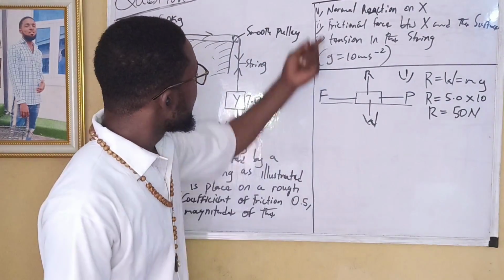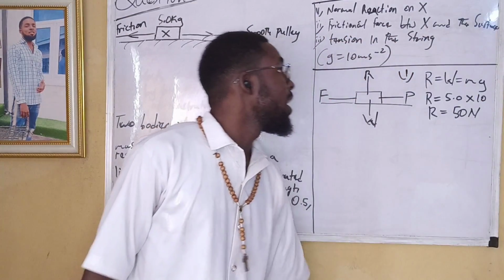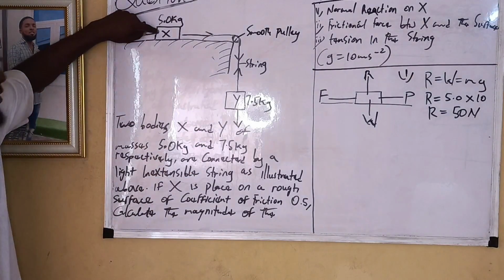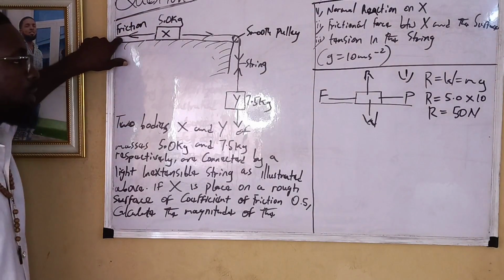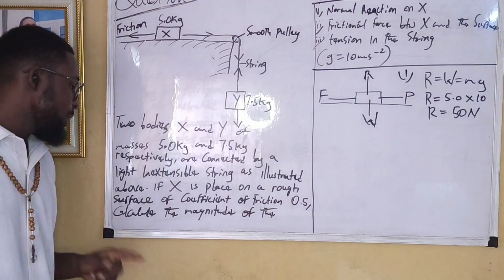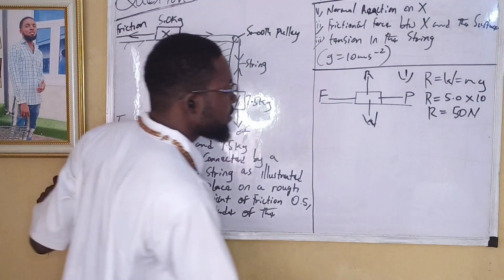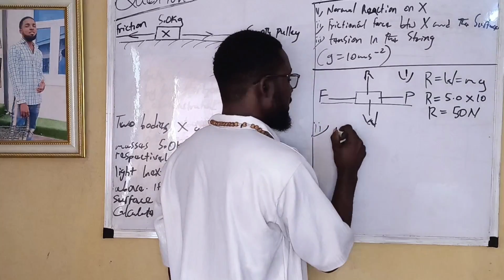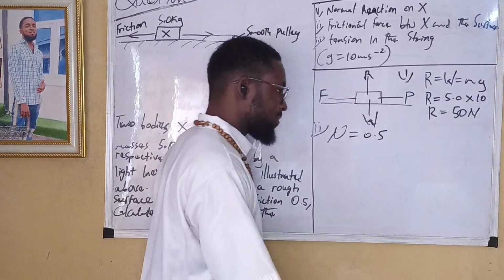Very simple. Roman figure 2, the frictional force between X and the surface. So we are looking for the frictional force, and don't forget, we're given the coefficient of friction, mu, as 0.5.